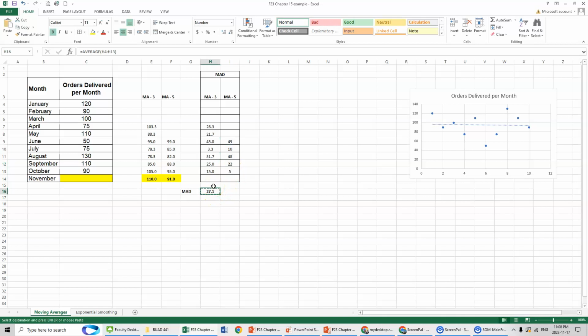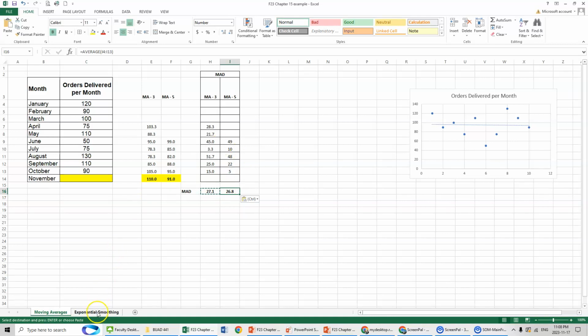And we take the average. We can just copy this over. It has a smaller mean absolute deviation. So this tells us that the 5-month moving average is more accurate because it has a smaller mean absolute deviation. The one with the smallest absolute deviation is technically more accurate.